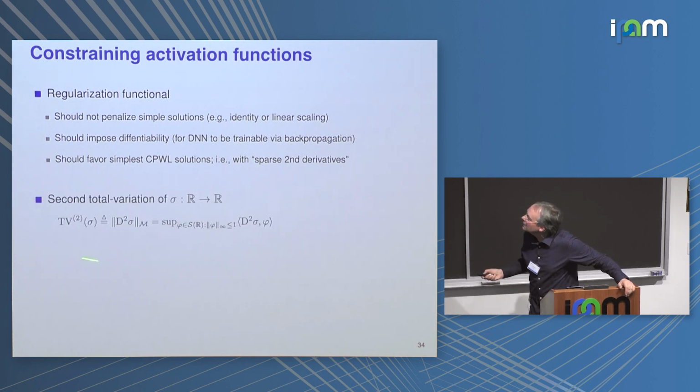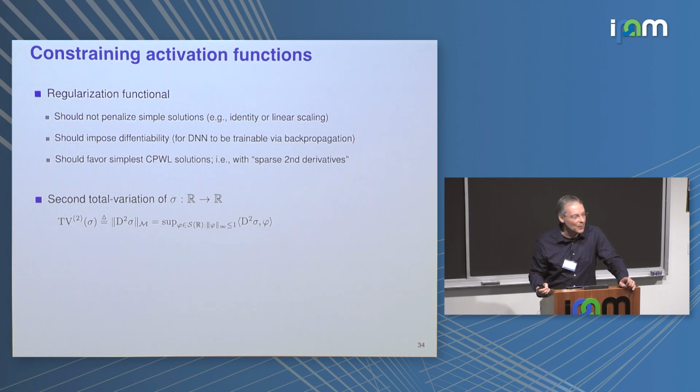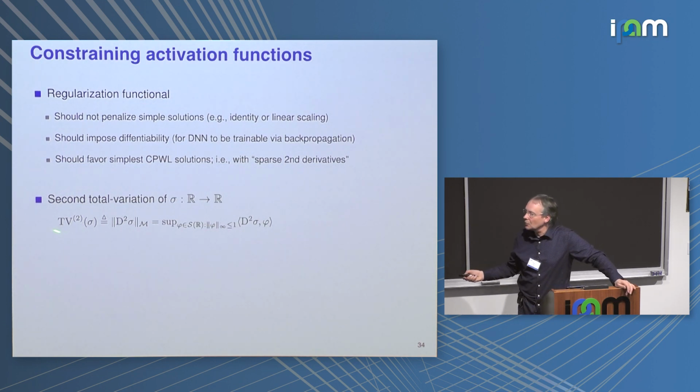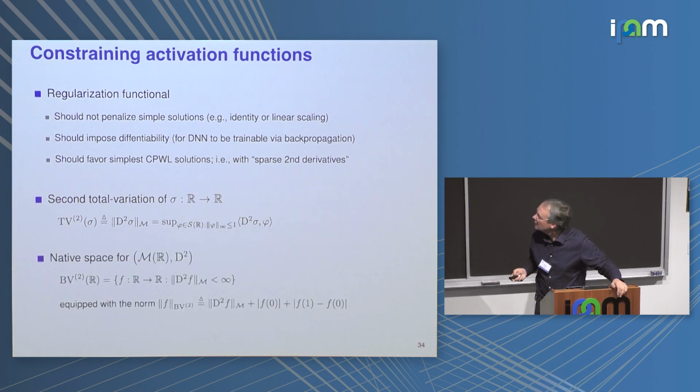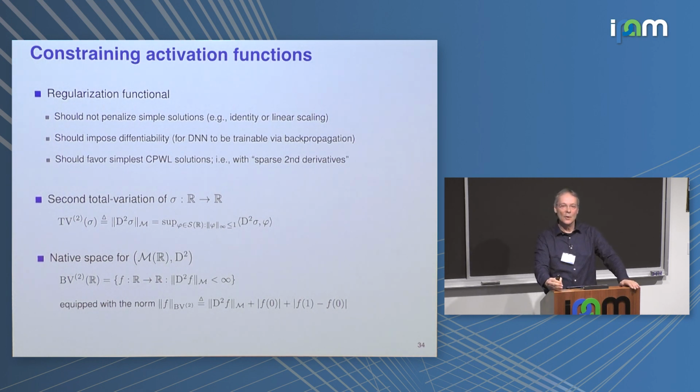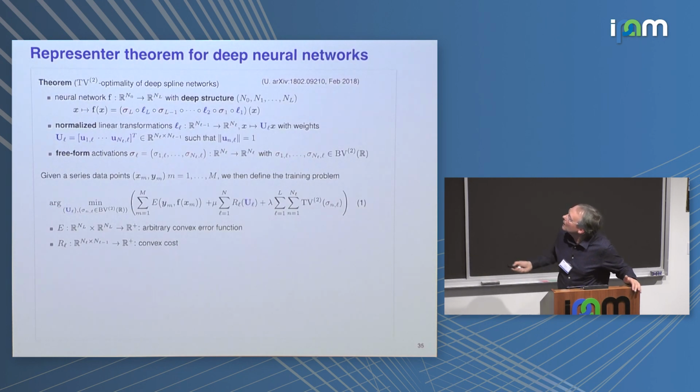You guess what is the good penalty? Total variation. But second total variation. Let's just impose a second total variation on every neuron. And then we have actually a space. This is BV2, the space of all functions whose second derivative has finite M norm. And here's the theorem. I call this a representer theorem for deep neural networks.